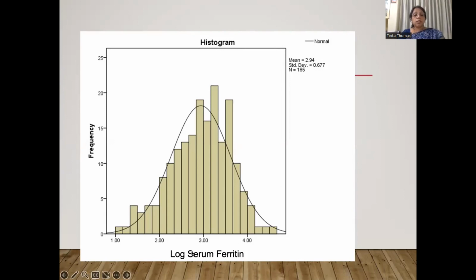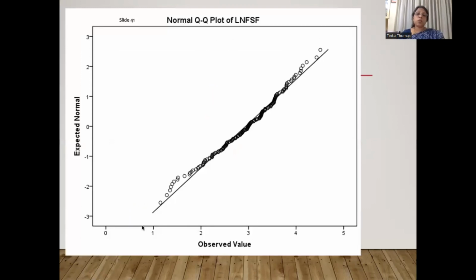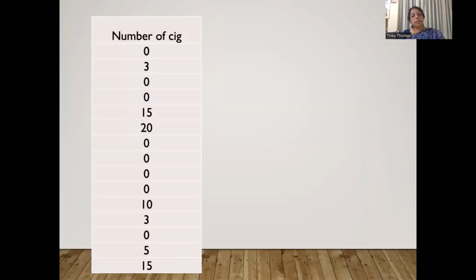The x-axis over here is for the log serum ferritin. Now you see that the data looks more or less symmetric. So sometimes transforming the data helps. Now this is a QQ plot of the transformed data. So transforming the data helps, and then you can get the data to be symmetric and then apply whatever test that you want to apply that is suitable for a normal distribution on log-transformed data. So that is also fine.